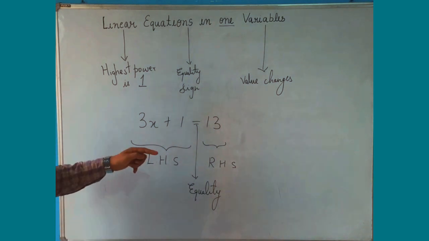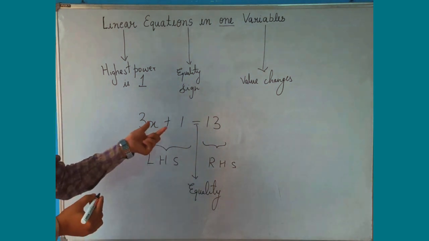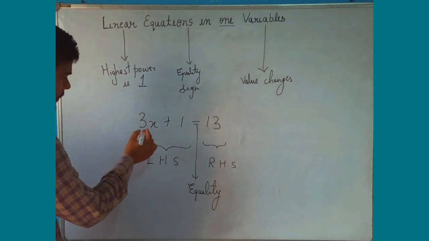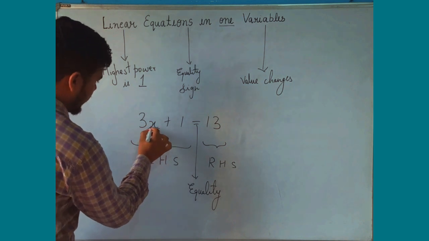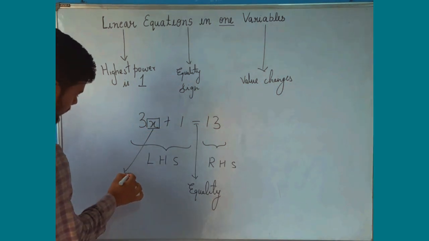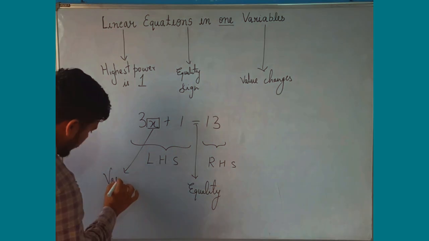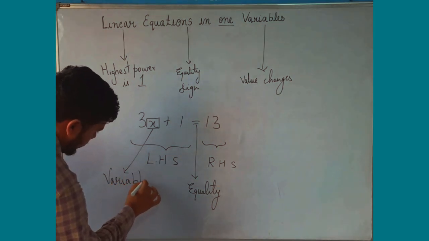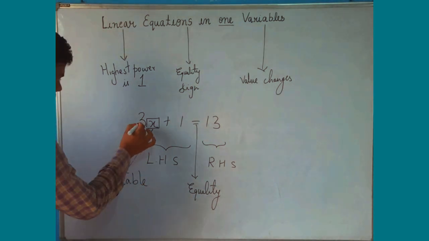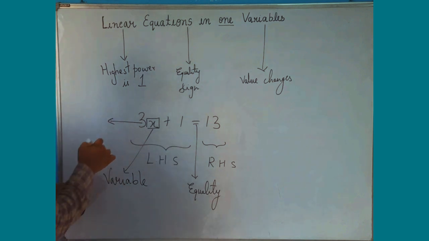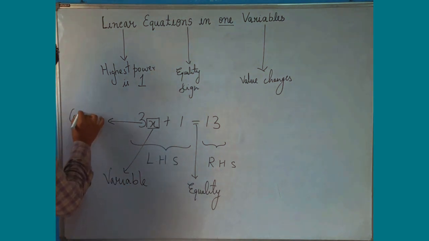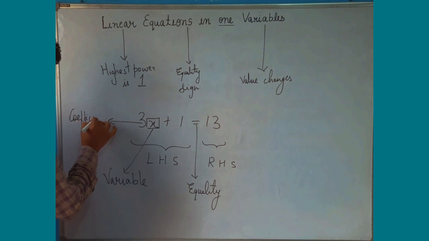Okay. So after writing this, let us see the different parts of this equation. As you can see here, this particular x is my variable because its value will change in every equation. This is the variable. This 3 is my coefficient of x.